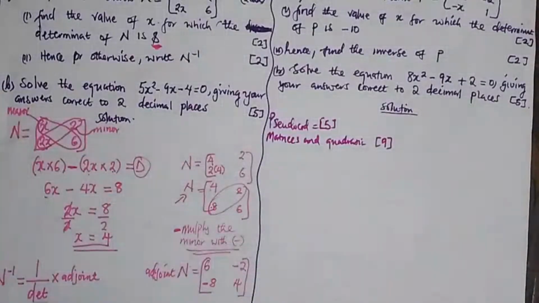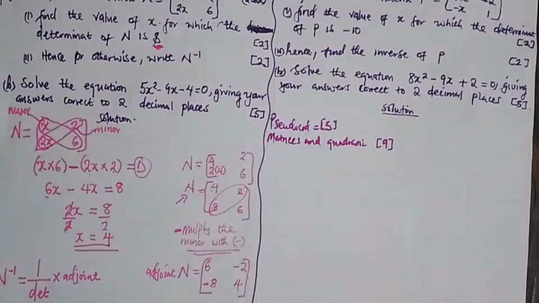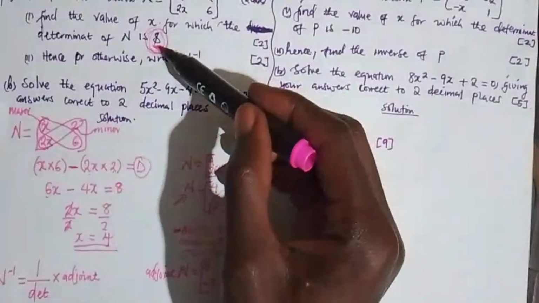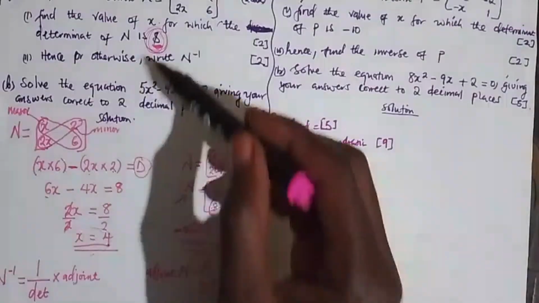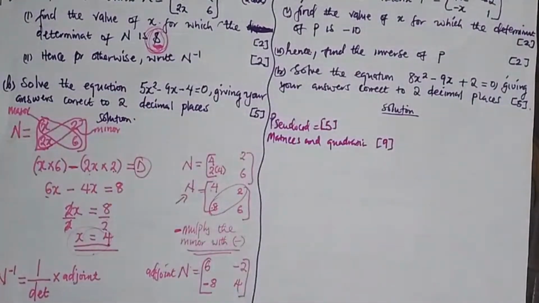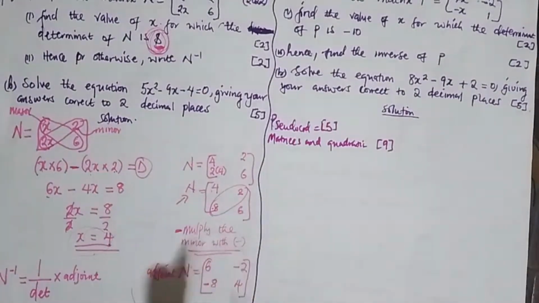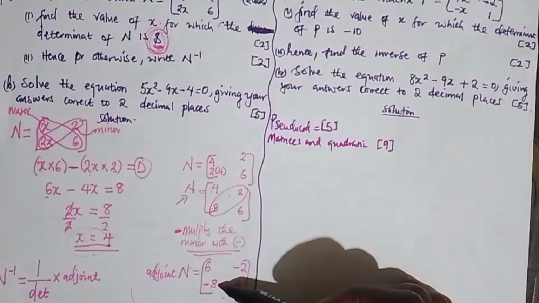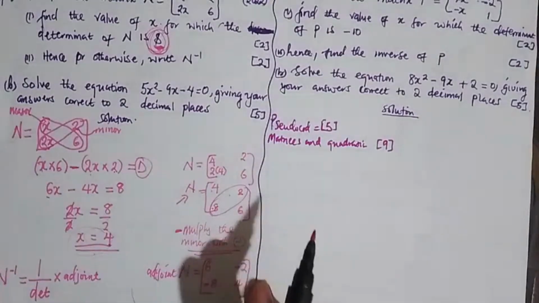So now our determinant is 8. Don't get confused with the one we saw. This is the value of x and this is the determinant. So we are going to say 1 over 8 multiplied by this adjoint, and here don't get the set, get the adjoint, the one which we have swapped the major diagonal.